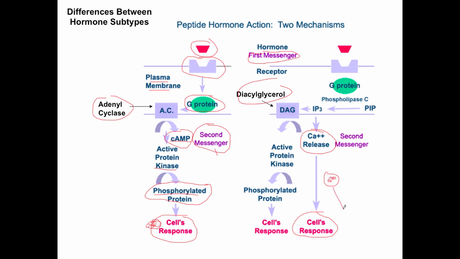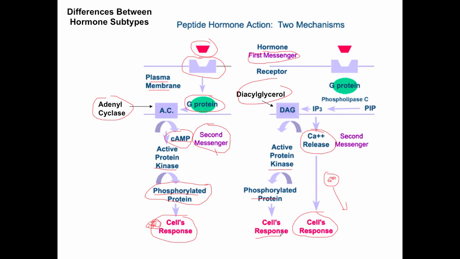And the release of that hormone ends up being the cell's response. Okay? So calcium itself can end up bringing about the cell's response, but you can also end up activating, again, a kinase causing phosphorylation of a protein, and that being the cell's response.